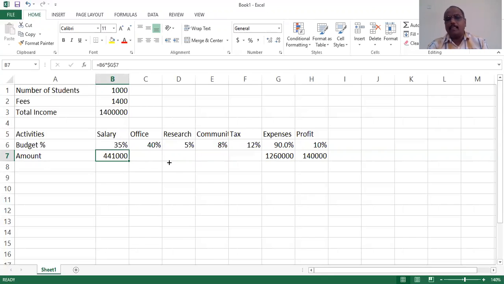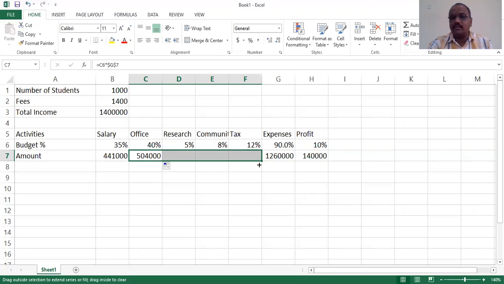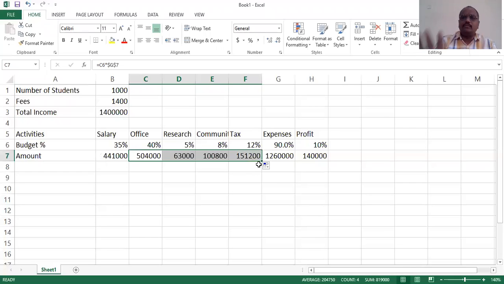I'm going to drag to the other areas because we are going to use the same formula for all the other calculations. So here is the calculation for 40%, 5%, community 8%, and tax 12%. This we already know is a simple calculation.